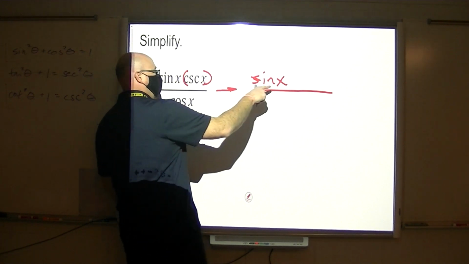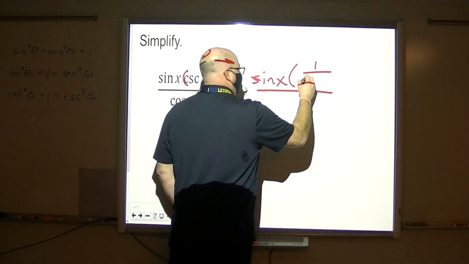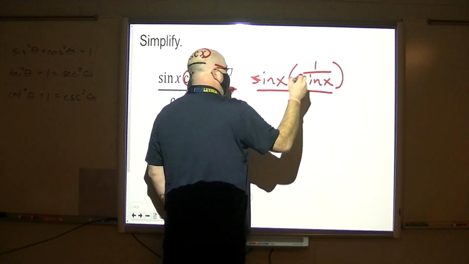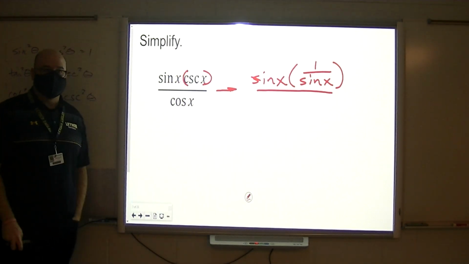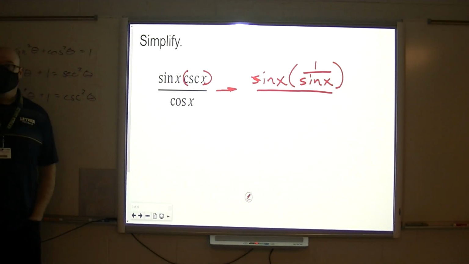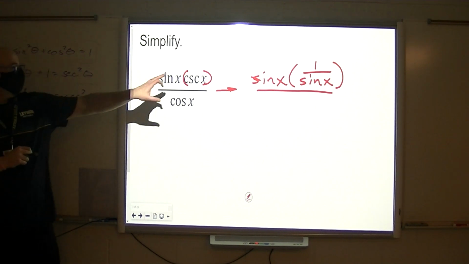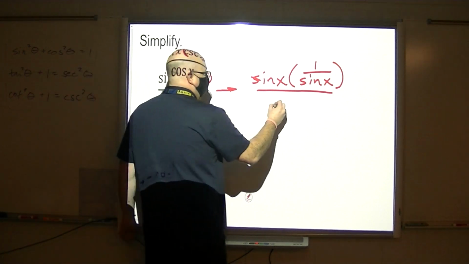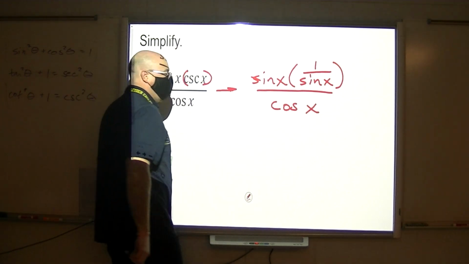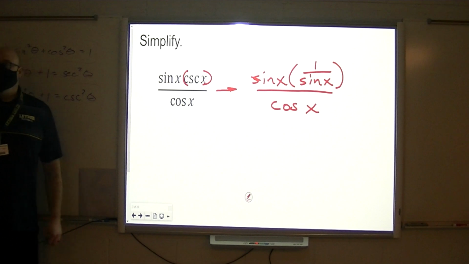And I'm going to take out the cosecant and put 1 over sine x, because in your notes from yesterday you have cosecant x equals 1 over sine x. That's just taking this out, putting that in its place. And on the bottom, I've got cosine x.